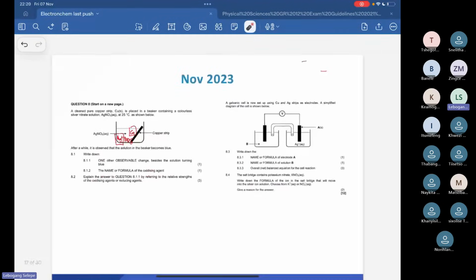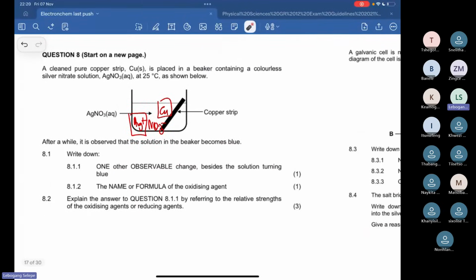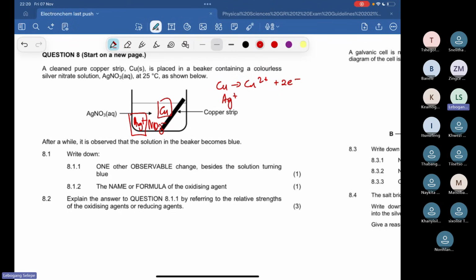So let's see again. If a spontaneous reaction takes place, copper donates its electrons to Ag+. When copper donates its electrons, it becomes Cu2+ plus 2 electrons. Then Ag+ accepts an electron and changes to solid Ag.